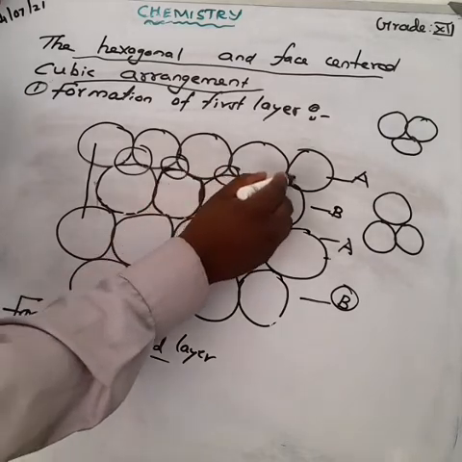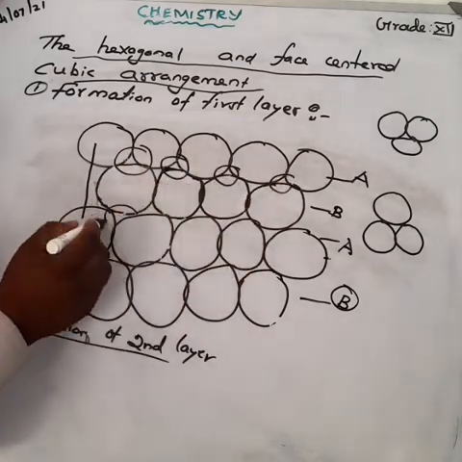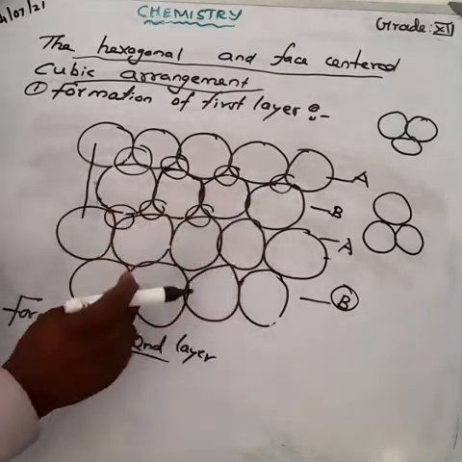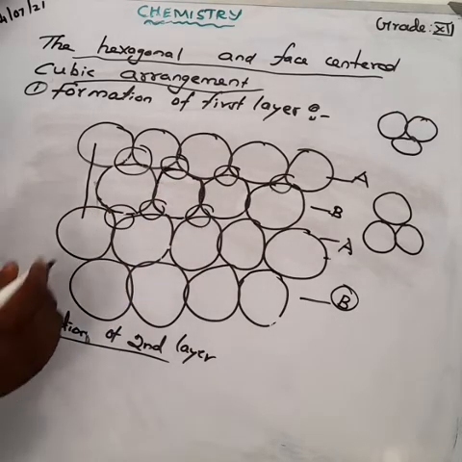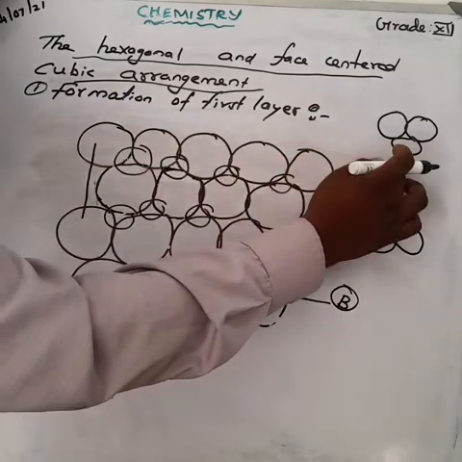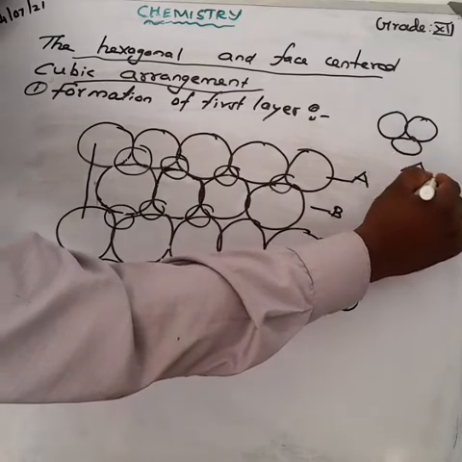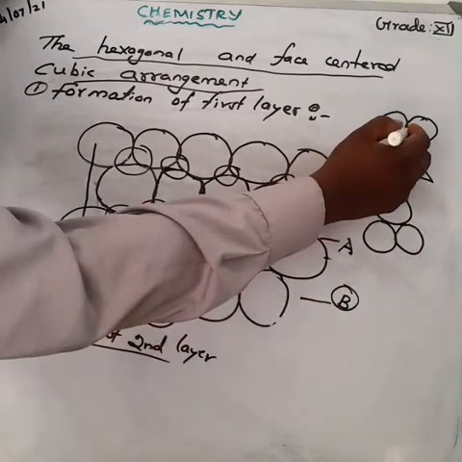Holes means gaps in between the spheres. When we consider the two rows, these two rows have two different gaps. The first gap is about the triangle shape. Yes or no? I am drawing this one. Try to understand here.